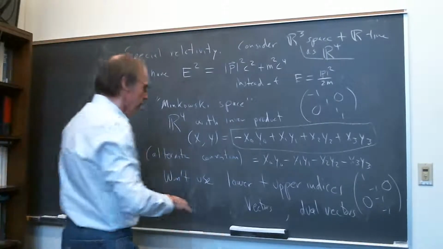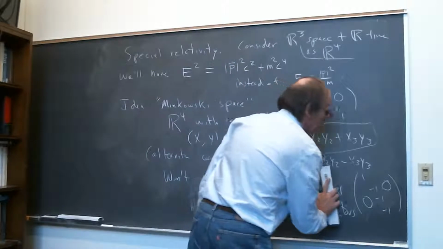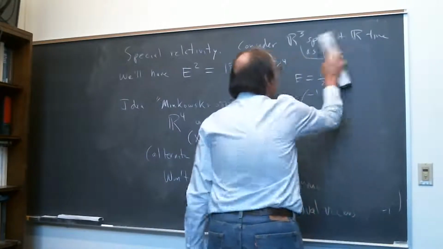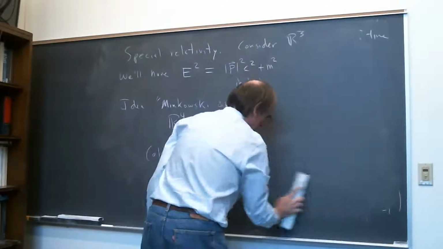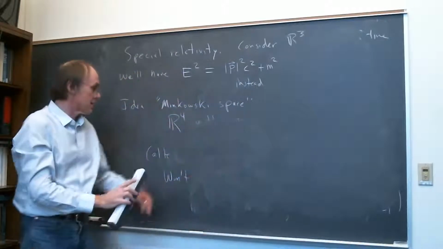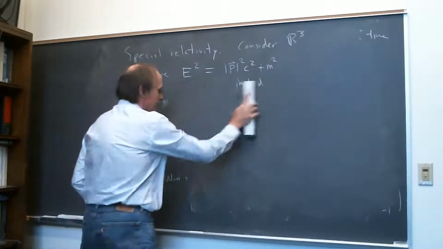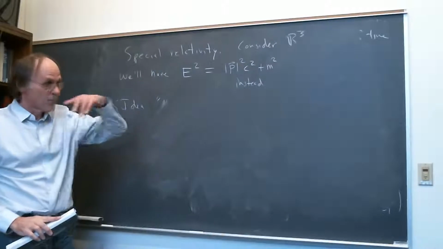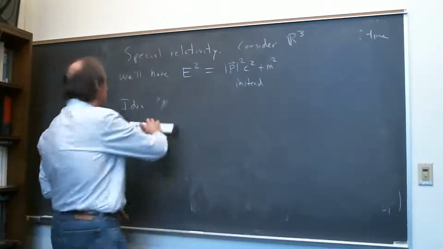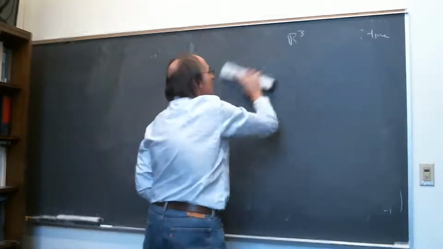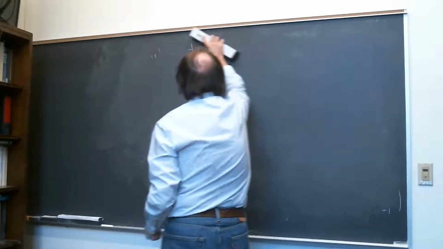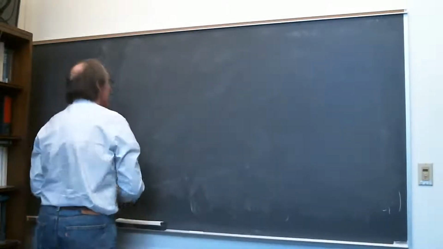But now the main thing that happens when you do this: you're now talking about R4 with this weird inner product on it, and this is the space-time symmetry group.